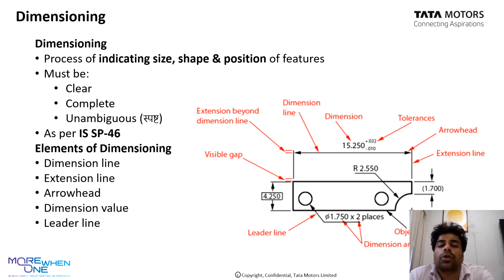Is it within the tolerance limit of plus 0.032 and minus 0.01? Does it lie in this limit? We will check this part. We will check the radius 2.55 to see if it is the same or not. We will check the diameter 1.75 at two different places and so on.